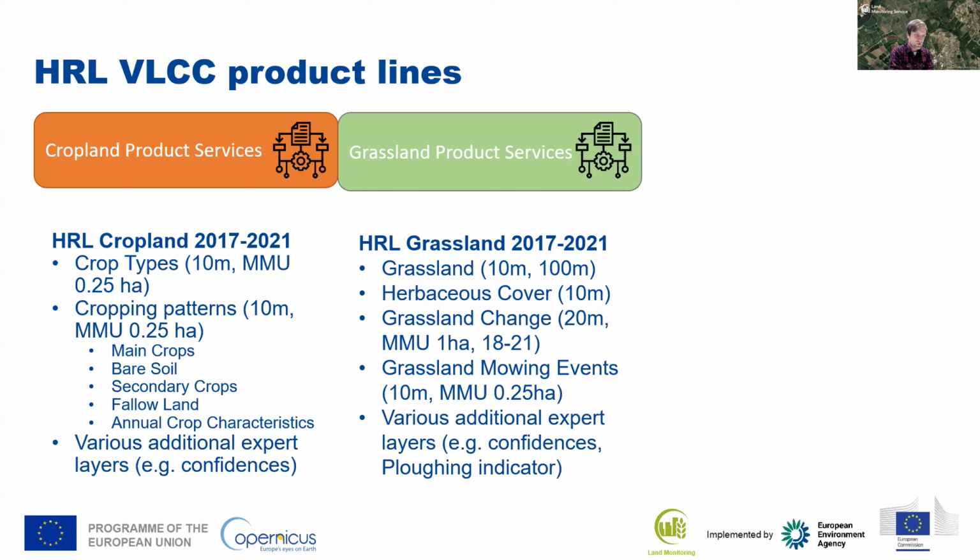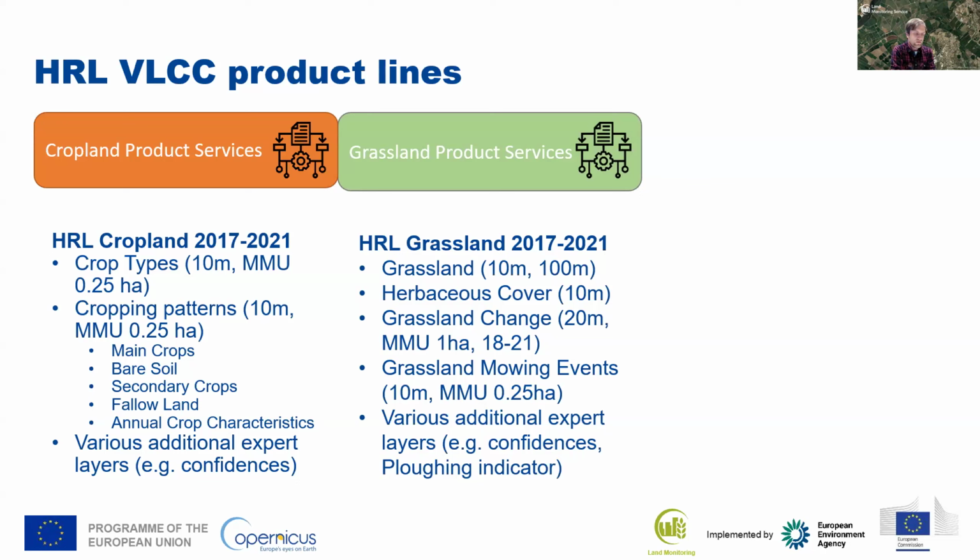Within the grassland product series, we now also have new products. One is the herbaceous cover layer, which maps not only the constant grassland cover, but also temporary grassland or herbaceous cover, giving further information on management practices as well.